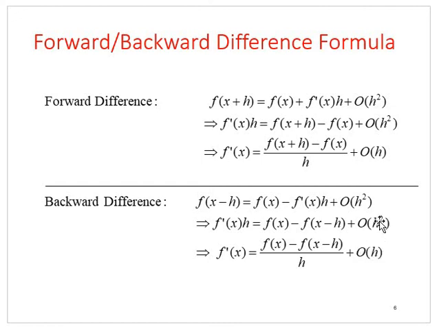Dividing the error by h, you get O(h), the truncation error there. So this is how we derive the backward and the forward difference formulas.